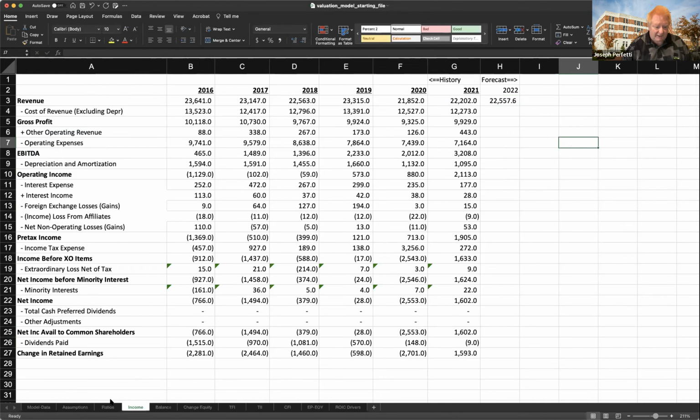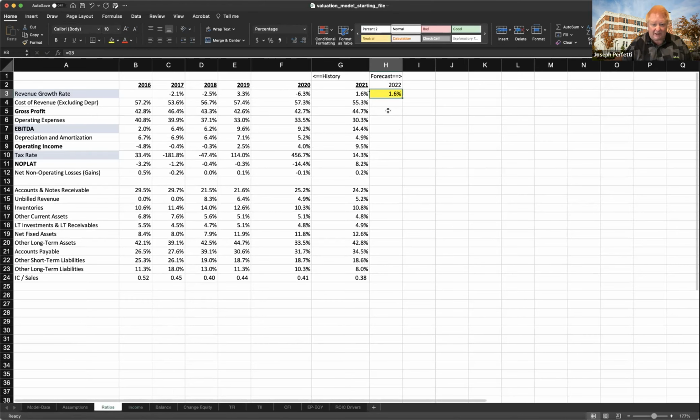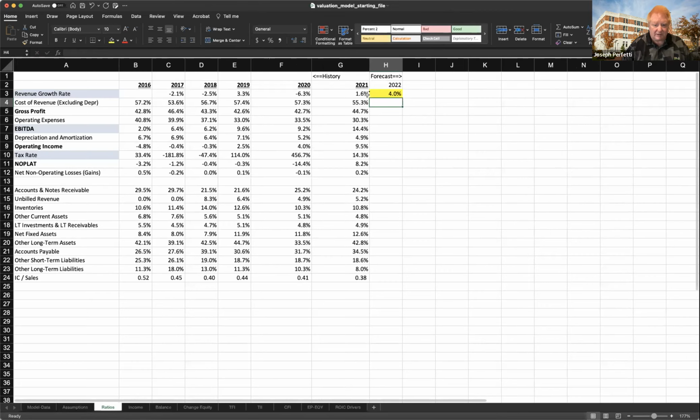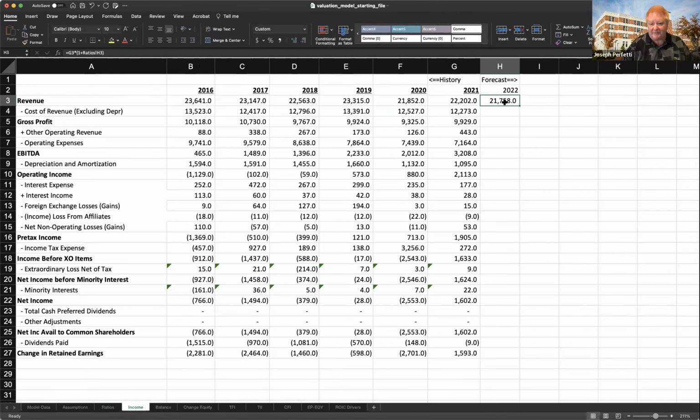Again, the ratio creates the income statement forecast. So for example, if Nokia were to grow 4% in 2022, type in 4%, then on the income tab, 23,090.1. If Nokia were to shrink by 2%, income tab, 21,758.